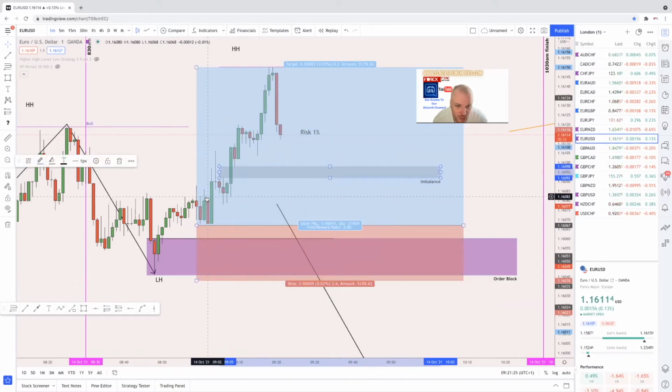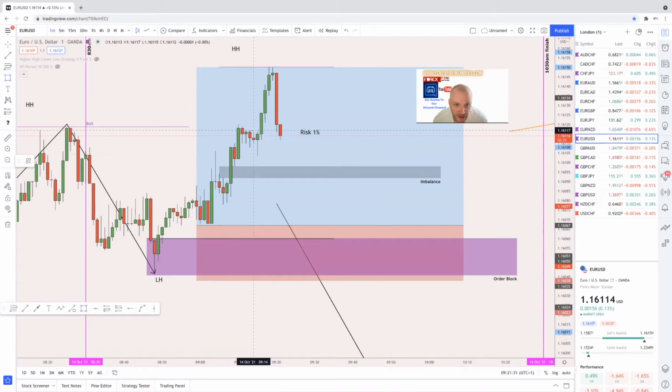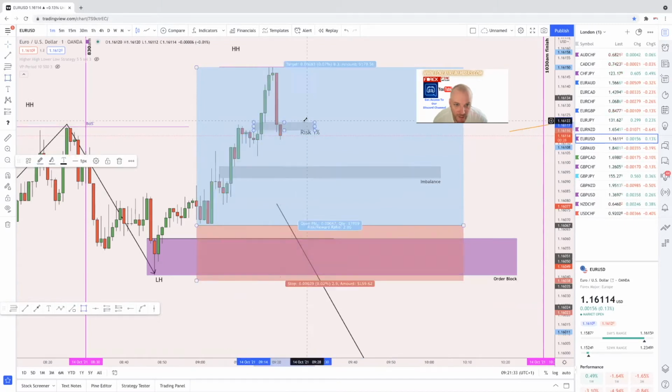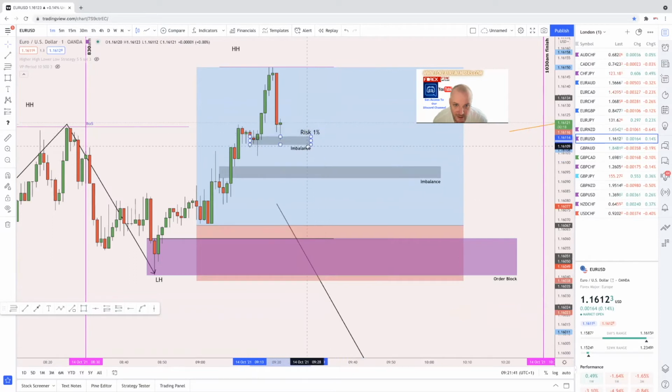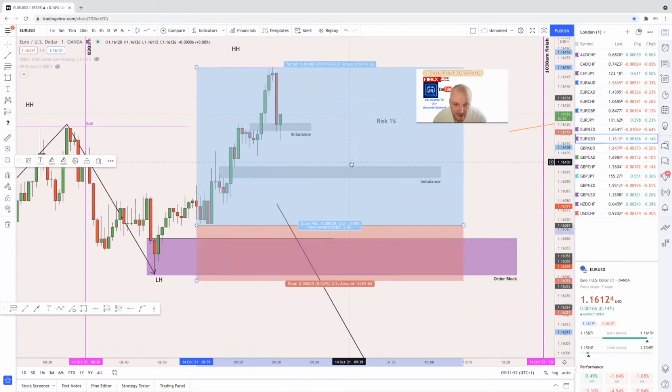From there, there's pretty much nothing there, to be fair, because we've already had a mitigation of the imbalance there. That's crashed through that. Okay, so as we're doing this live, get this 1% over here. The imbalance there has certainly been met.